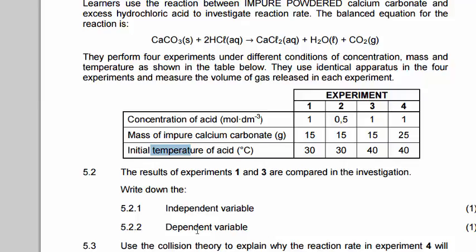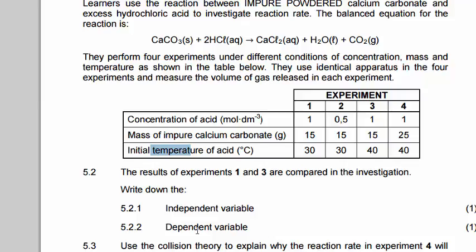Now, the independent variable is a variable that you can change. The dependent variable is the observation that changed because of the change that you made. In other words, it's a change that happens that depends on something that you, while conducting the experiment, actually changed. So the independent variable, if we look at experiment 1 and 3, what do we find?